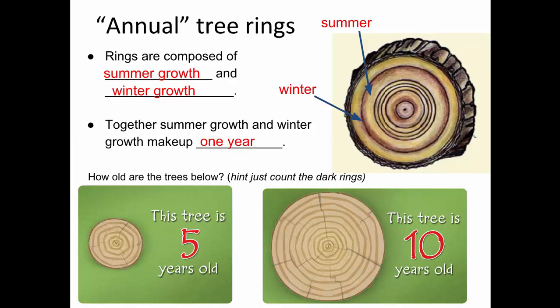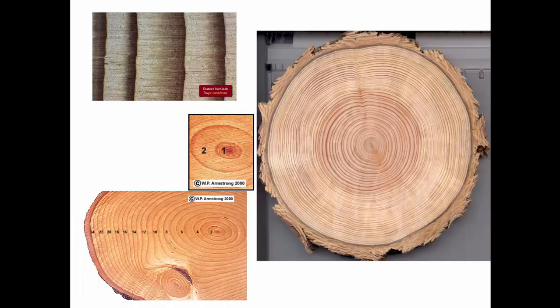A year with a very thick ring probably means it was warm, with plenty of moisture. So you can tell a little about past conditions by looking at tree rings. Here you see some other examples. In some trunks it's very distinct and you can easily count them, and in others it takes a little more work.